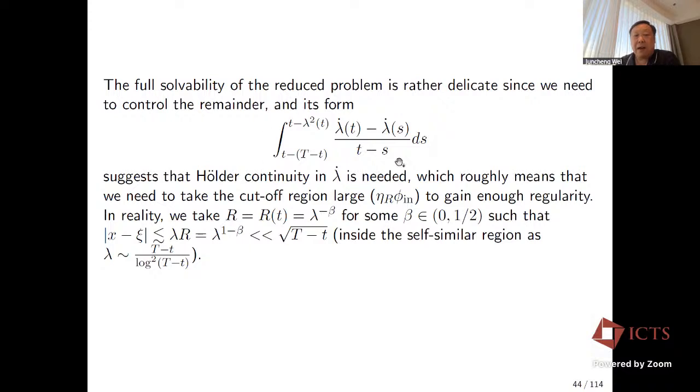Here comes the idea: we put this term in the part without orthogonality. Remember, we have a theory without the orthogonality condition. So we put this term in the part without orthogonality condition, and then we do the inner-outer gluing. Okay, and we gain some regularity here.